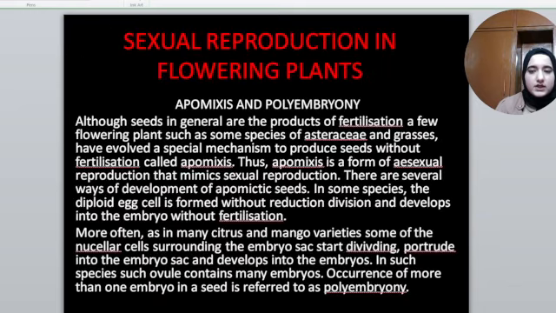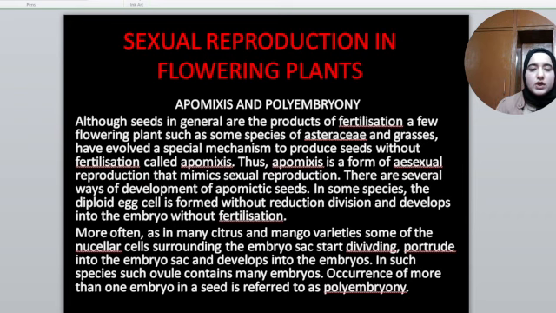And then we have finally apomixis and polyembryony. Apomixis simply means when seeds are developed without fertilization. That means it mimics asexual reproduction, because seed development is taking place without fertilization. That means there is no variation in seeds.